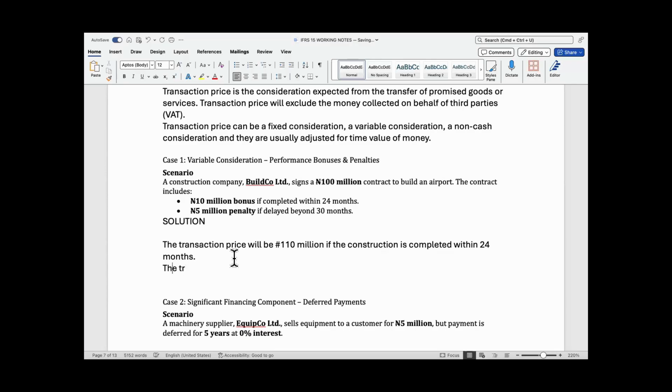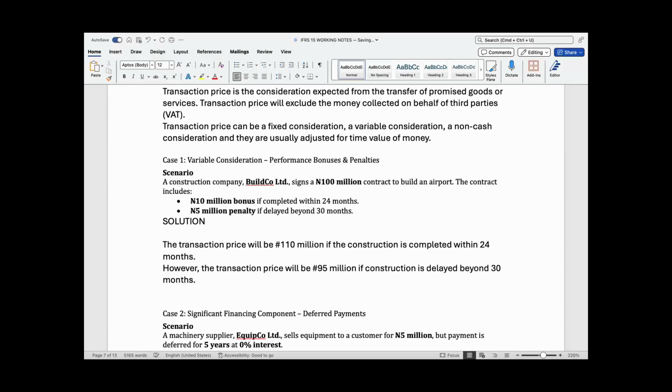However, the transaction price will be 95 million if construction is delayed beyond 30 months.